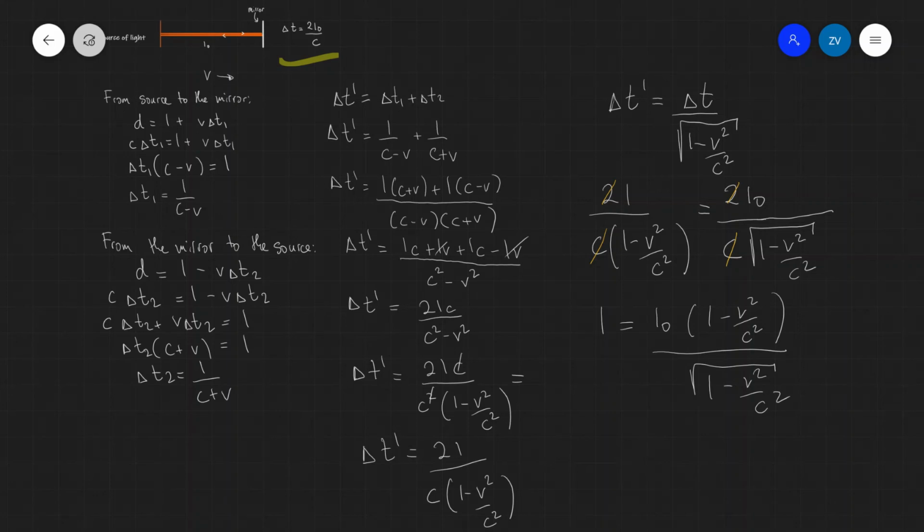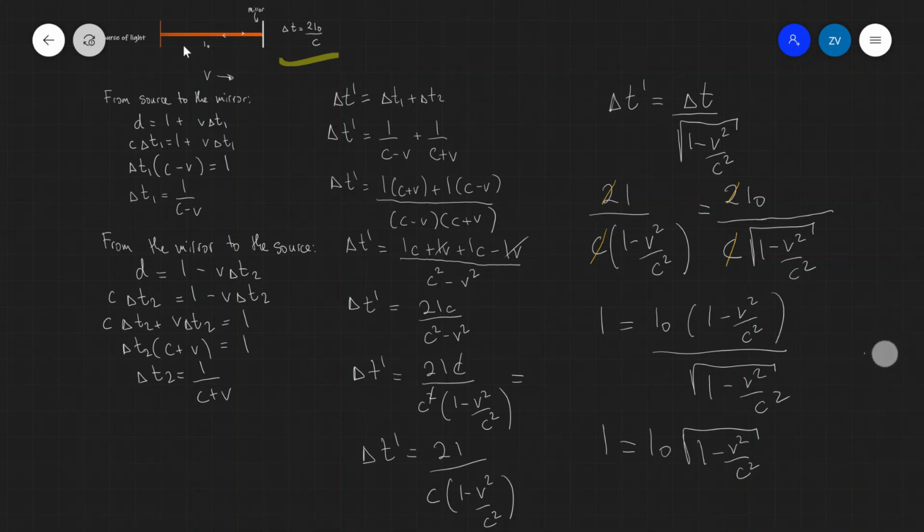Well, hang on a minute, we're left with a pretty simple expression. Now let's say that if you have x divided by the square root of x, this is just equal to the square root of x. So L will be equal to L naught times the square root of 1 minus v squared over c squared.